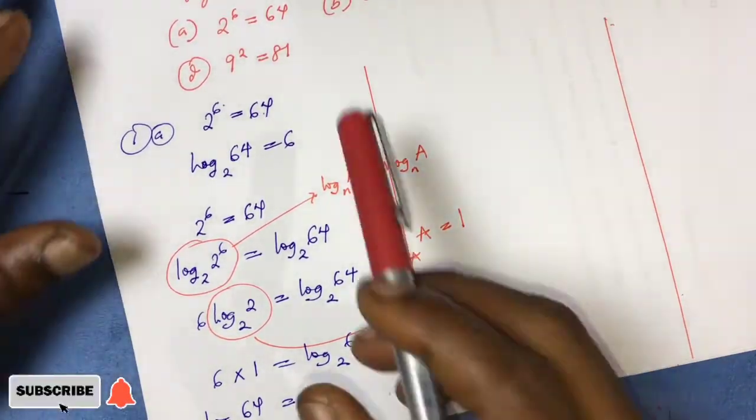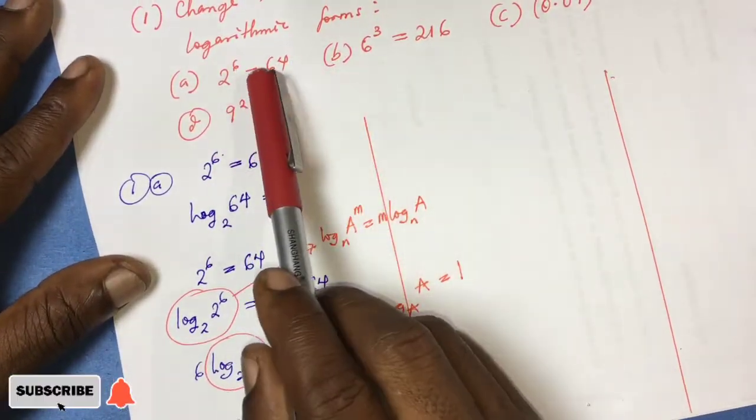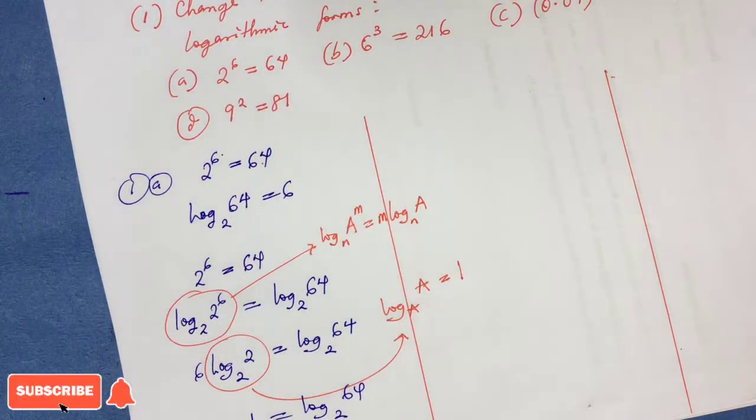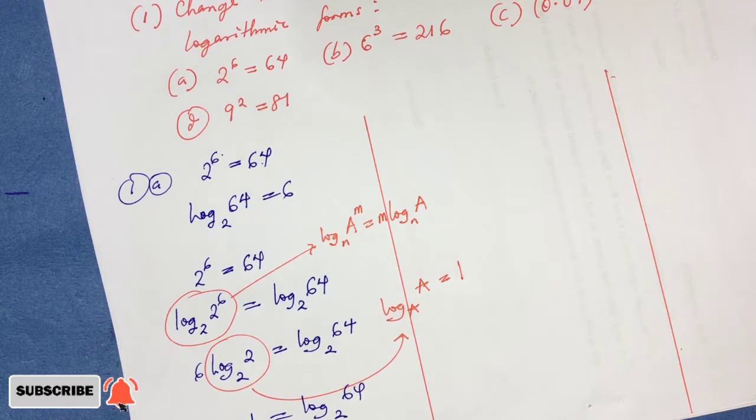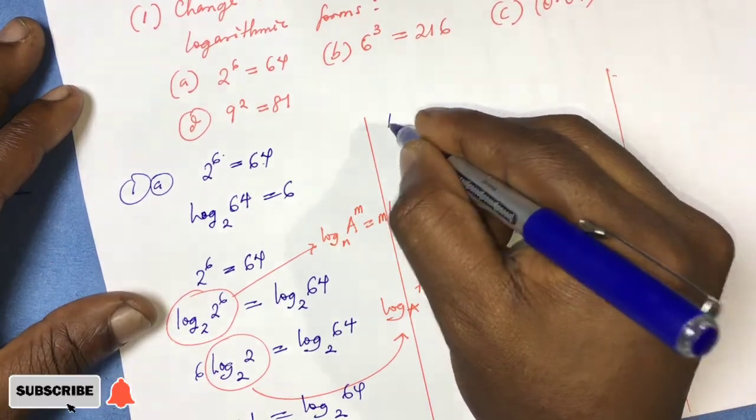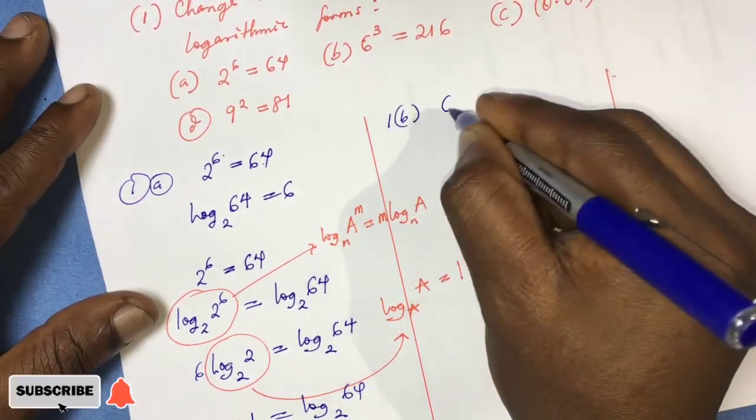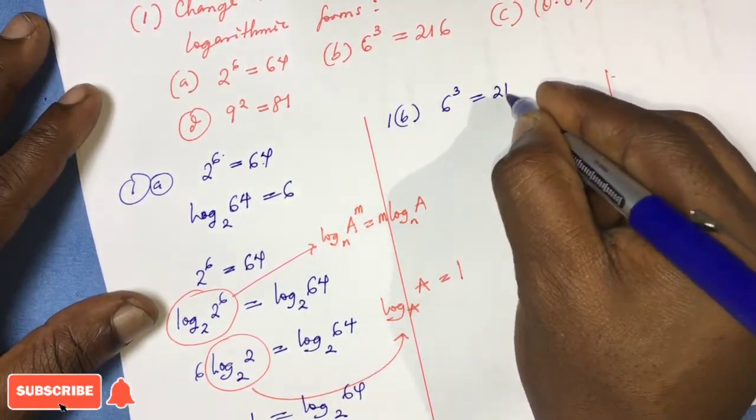Now, two ways to go about interpreting this is to use the definition of logarithm or to just take the log of both sides. When you take the log of both sides, it puts that number in index form into its corresponding logarithmic form. So let us apply that now to problem 1b, where we have 6 raised to the power 3 equals 216.